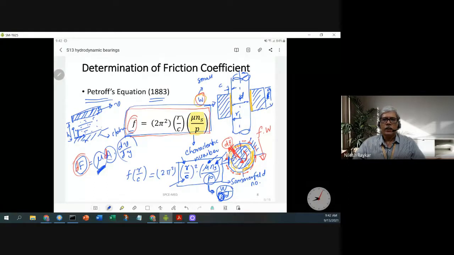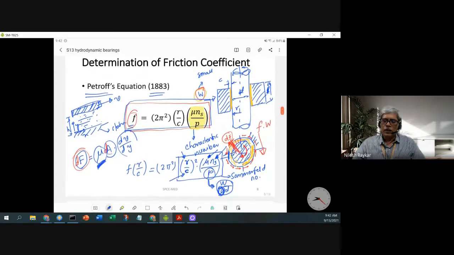But the study revealed the important factors which influence the hydrodynamic bearing, based on which further analysis was done by Reynolds, and that we'll be studying in detail today.